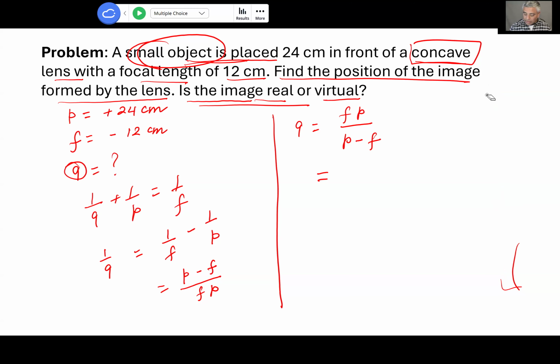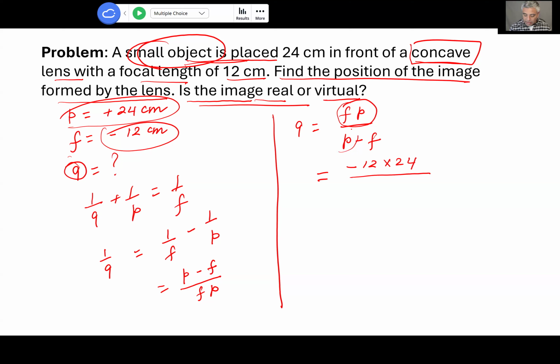Okay. So anyway, now let's plug in numbers with the signs correctly. This is the product of F and P. P is positive, but F is negative, so there's going to be a negative sign over there. So 12 times 24.